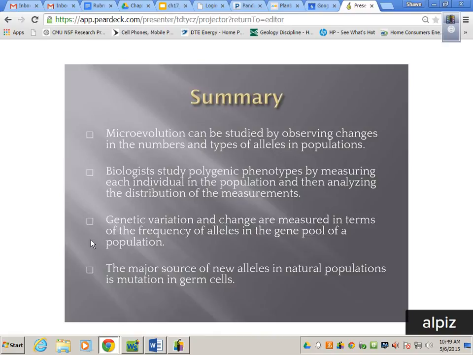And genetic variation and change are measured in terms of the frequency of alleles in a gene pool of the population. Remember, Hardy-Weinberg states that all alleles will add up to 1. And then if you want to figure things out, just look at the homozygous recessive individuals, and that will give you a good starting point to figure out the rest. And the major source of new alleles in natural populations is mutation in germ cells, not somatic cells.